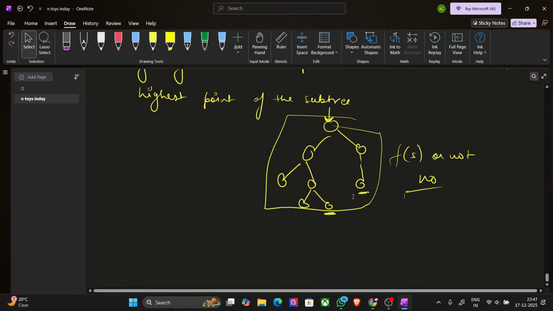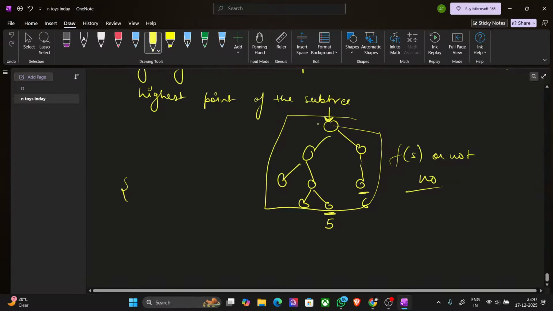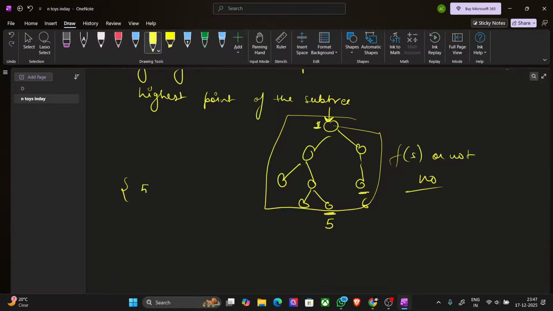Why? Because when you take, let's say this is 5, this is 6, and this is 1, as it is rooted at 1. So if I insert 5 and 6, then I only need to insert 1 in the subset.